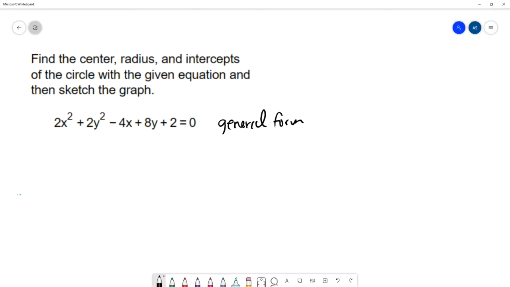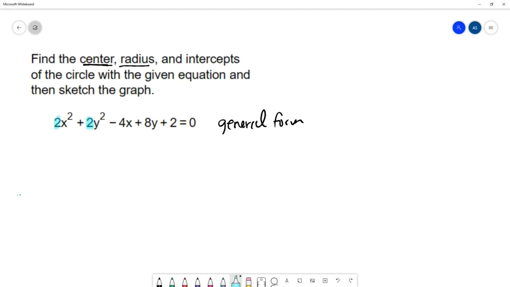The first thing that we want to do is turn it into standard form. And standard form is a lot better for us because we'll be able to identify the center and the radius once it's in standard form. So with this example, there's an extra little step at the beginning.